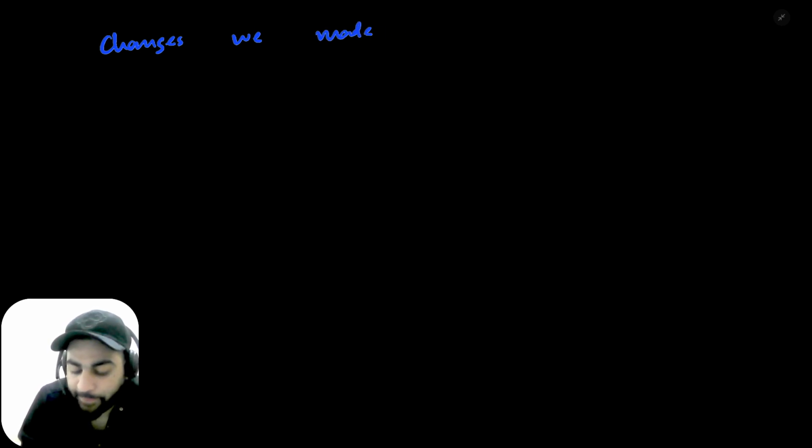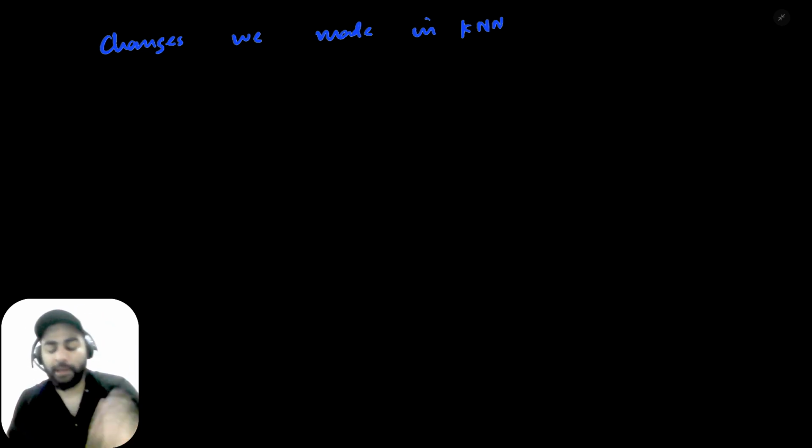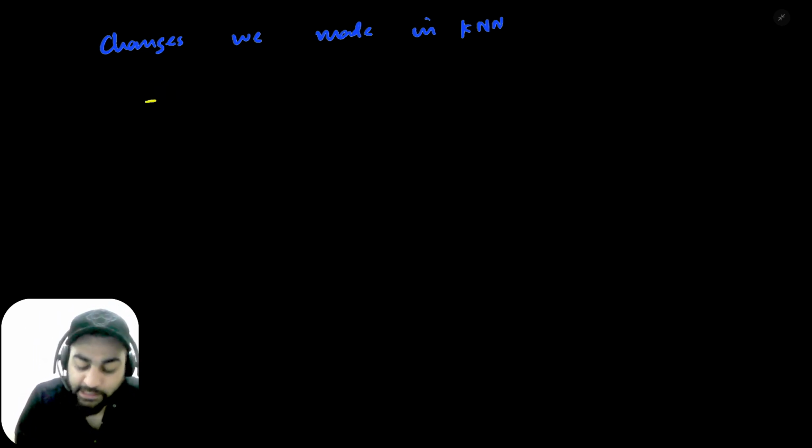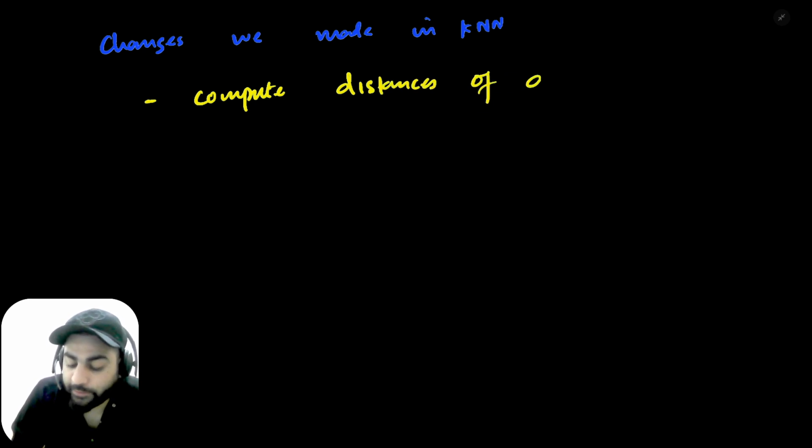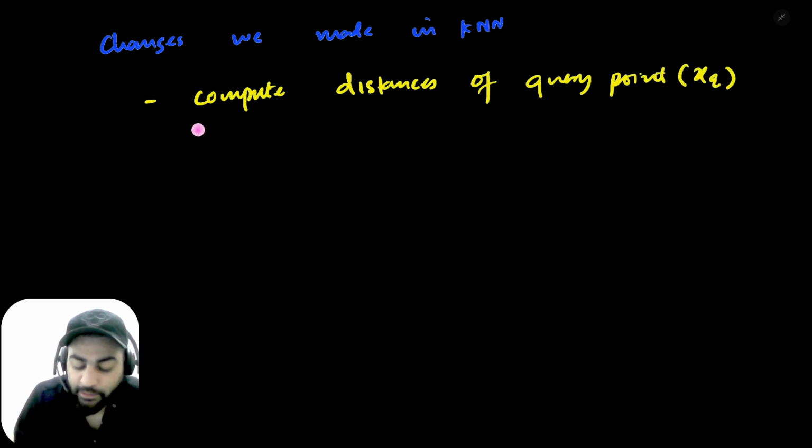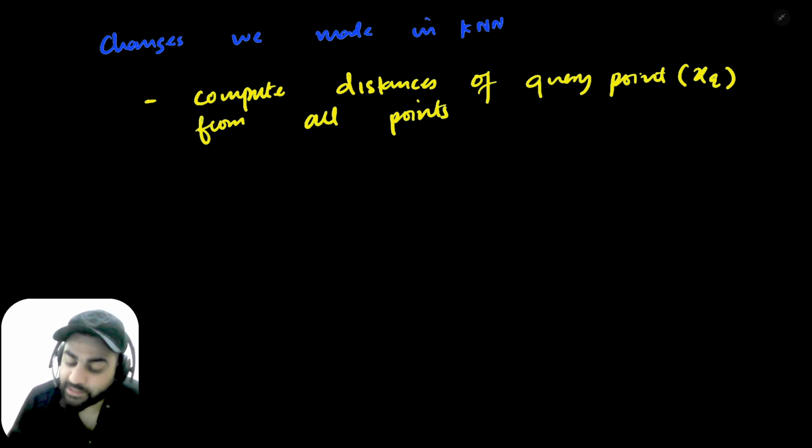So I said we made chains in KNN. If you just see what the steps involved in KNN are, the first step was to compute distances of the query point, or we said test point, XQ, from all points in D train.